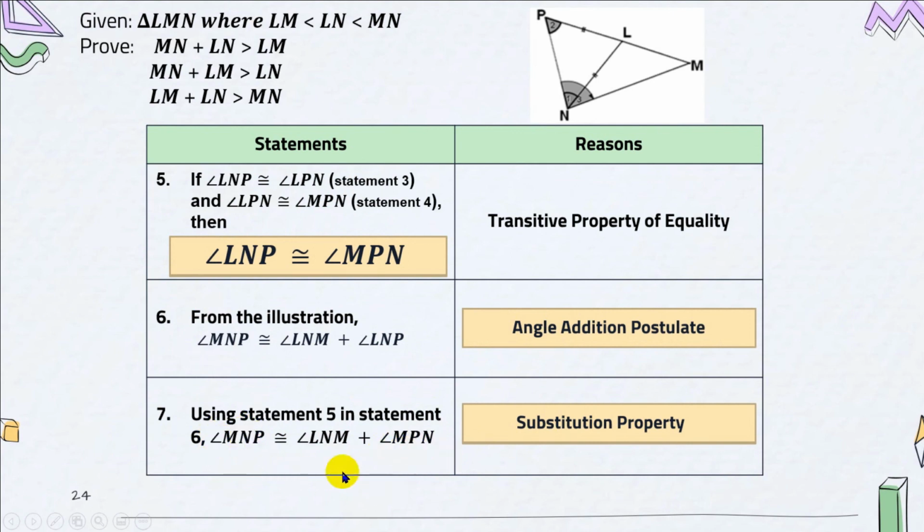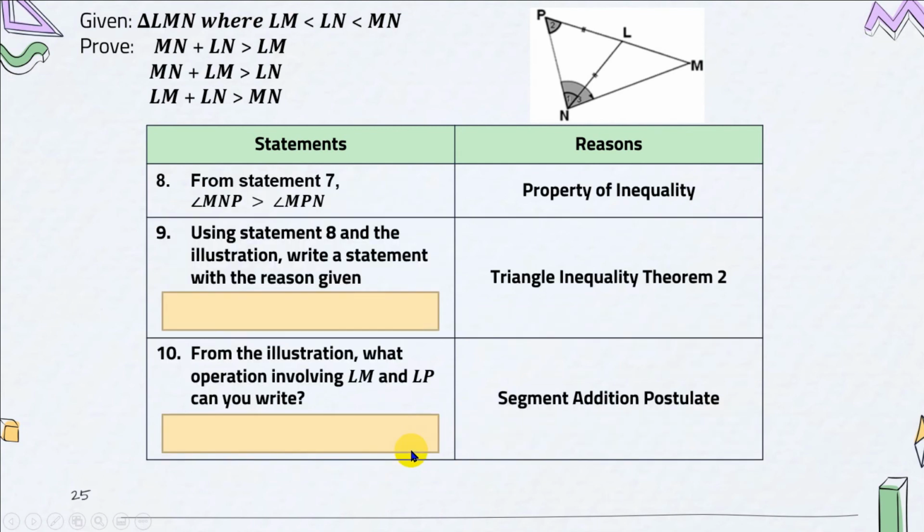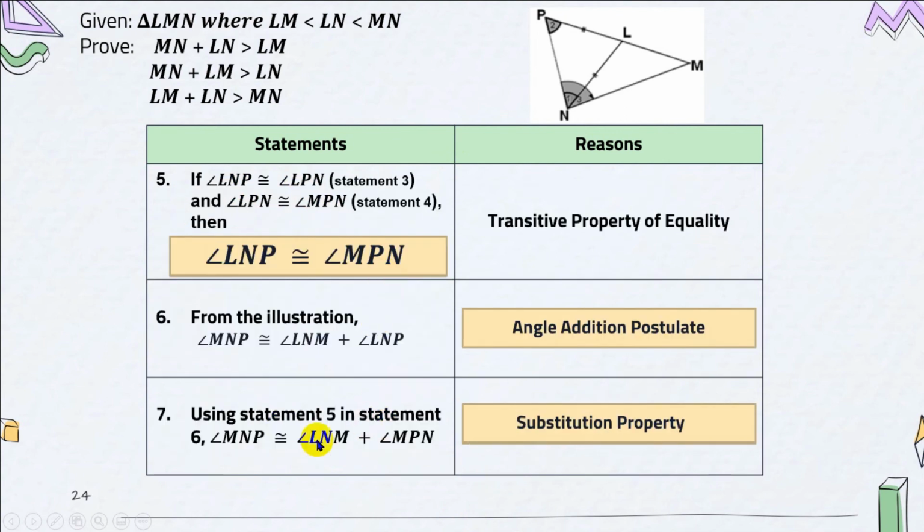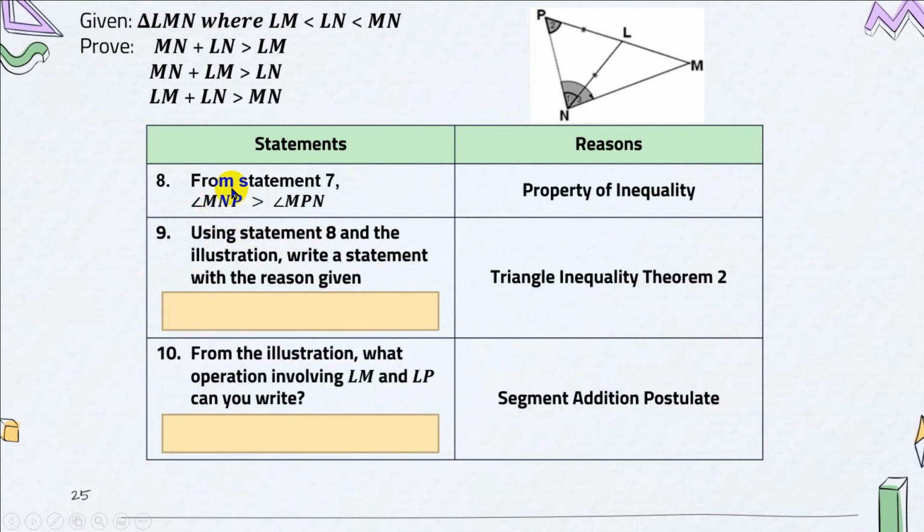So we focus on angle MNP and angle MPN, and we get MNP is greater than MPN, because MNP is equal to MPN plus LNM. So when we remove LNM, angle MNP is greater.